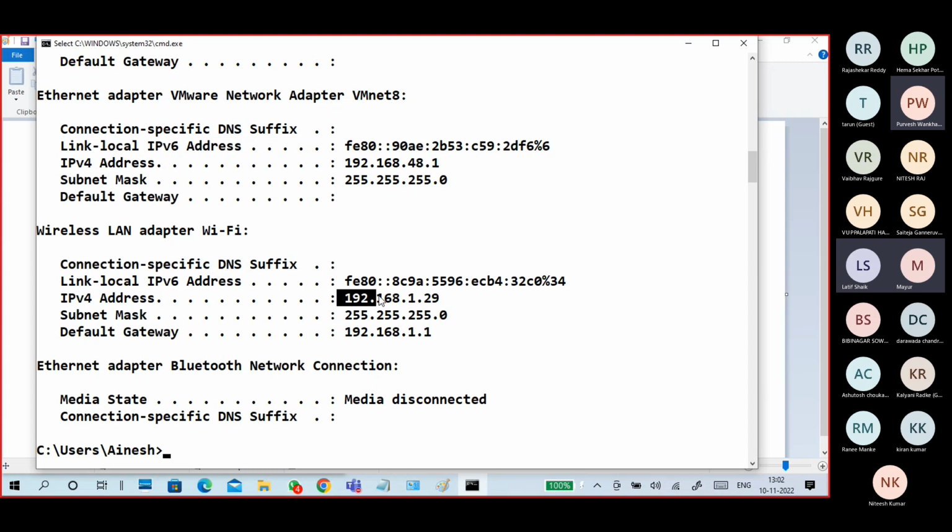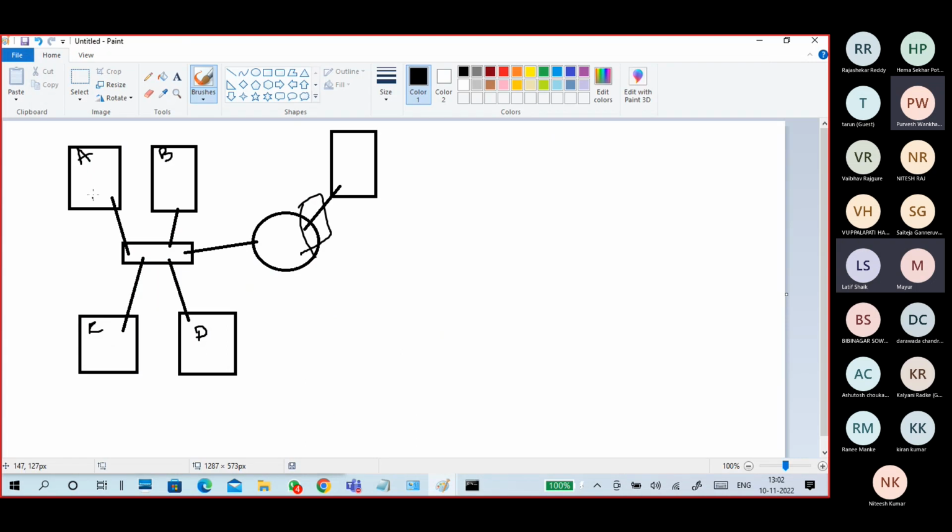This is my private IP address. Like earlier, I have taken the 10 series, because it is very easy to write. This is .11, this is .12, this is .13, this is .14, like this.